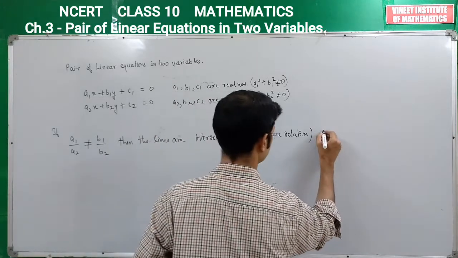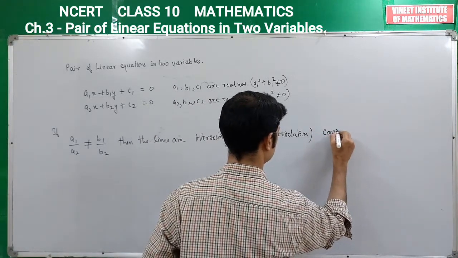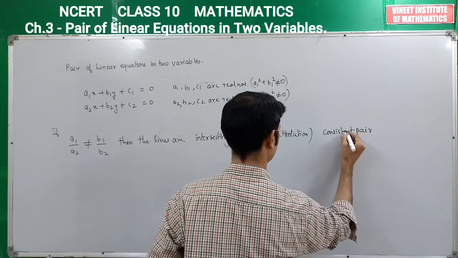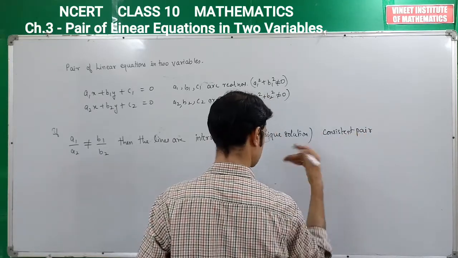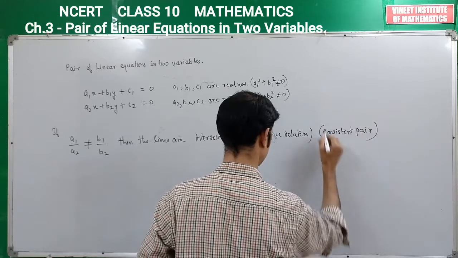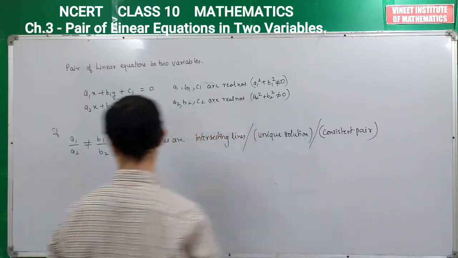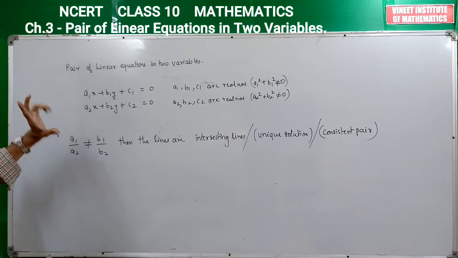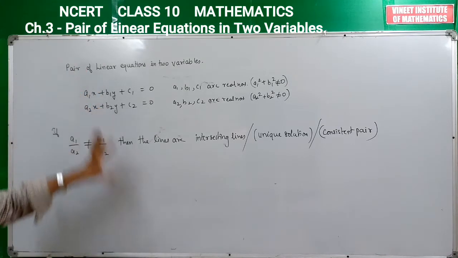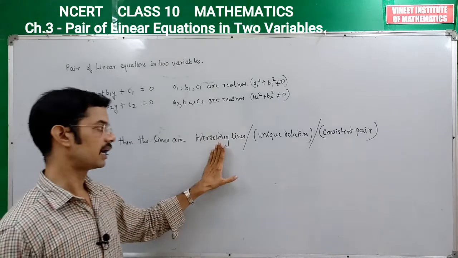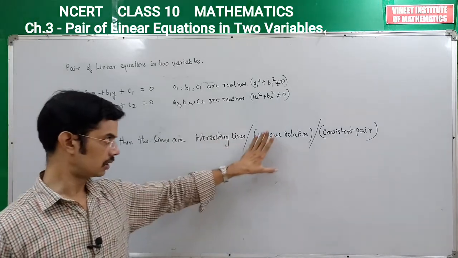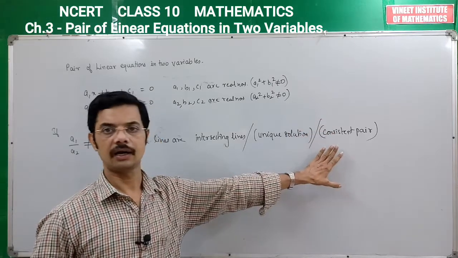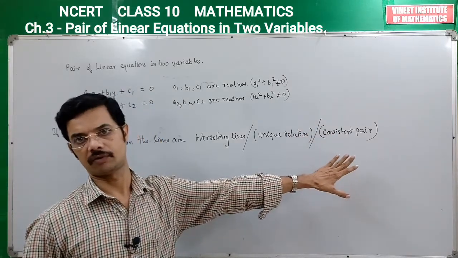So we say that the pair is consistent. If a1 by a2 is not equal to b1 by b2, they are intersecting lines, or they have a unique solution, or they are a consistent pair of equations.